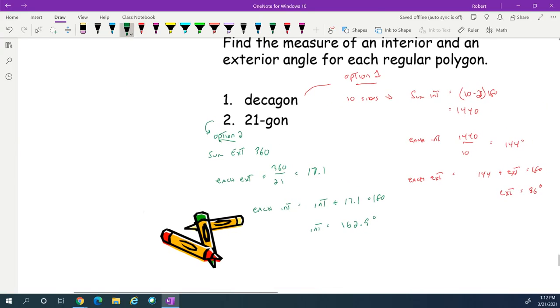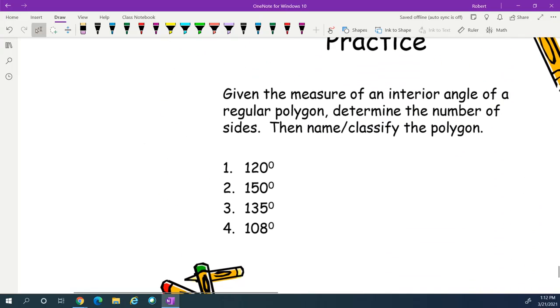So it's the same 3 steps, except if we start with exterior, we don't have to calculate it. By definition, or by rule, it is 360 degrees. And our last set of practice problems, we are given an interior. So this is one interior angle, and we're asked to figure out the number of sides and name the polygon.